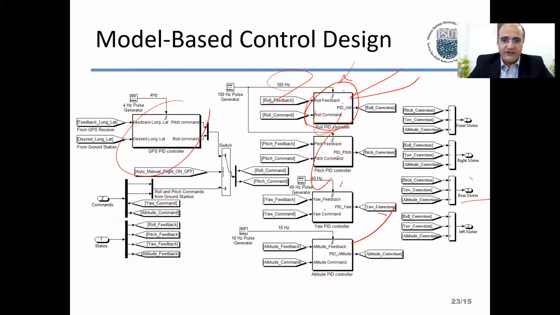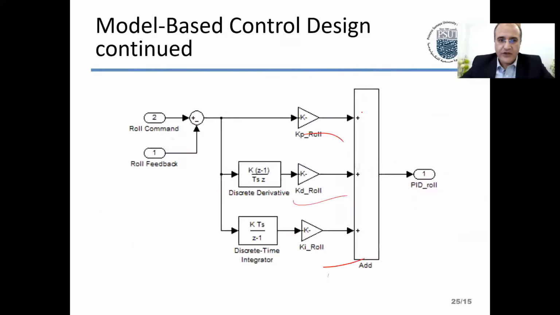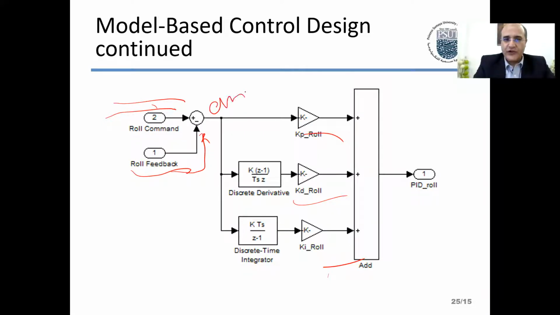Some of the blocks, instead of looking inside, you can have more details. This is a PID, right? You get the feedback from an accelerometer or a gyroscope that measures the roll angle of a UAV, and what angle you want the UAV to be at, compute the error, right?